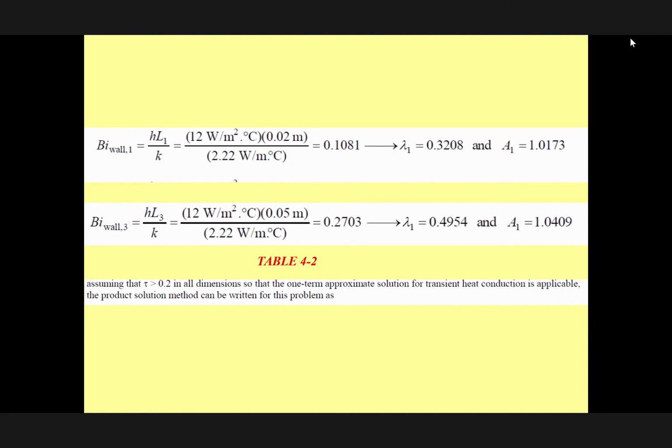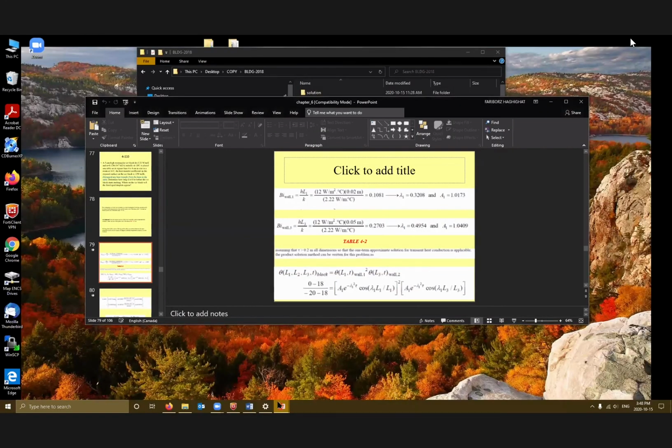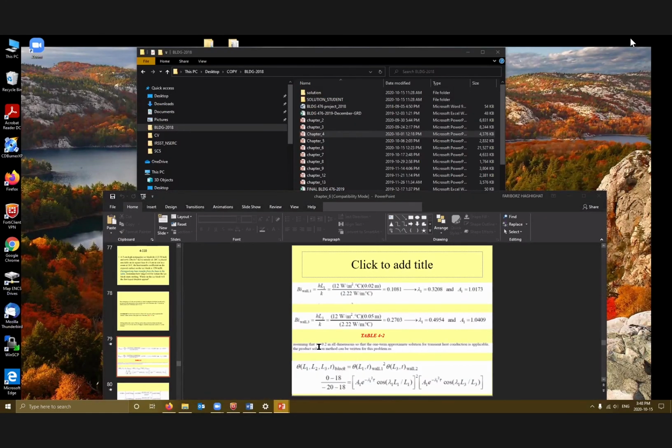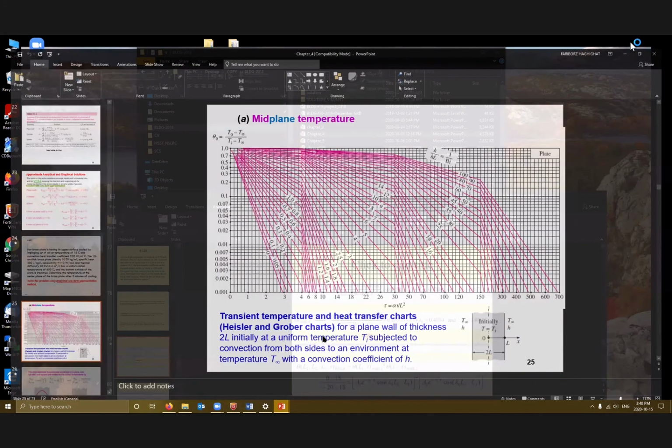Therefore, what I have to do, I can make an assumption that my Fourier number is more than 0.2 in order to be able to simplify the equation, okay? Again, please be patient with me. I'm trying to make an assumption that I can use this table here, okay?